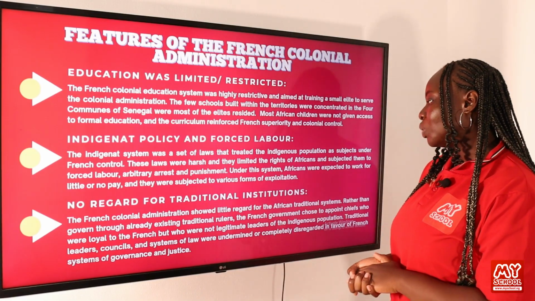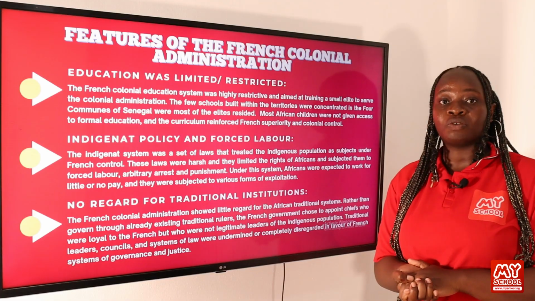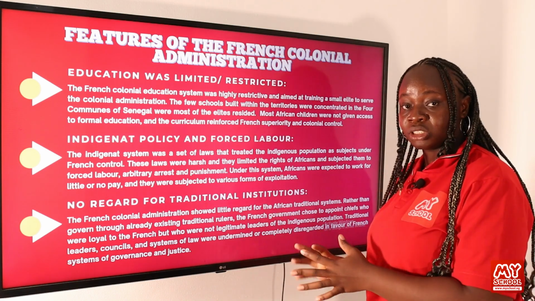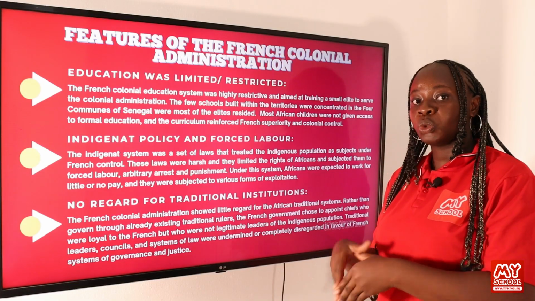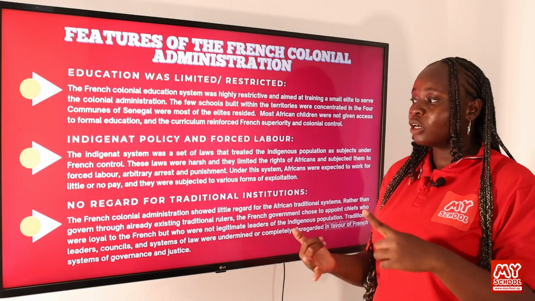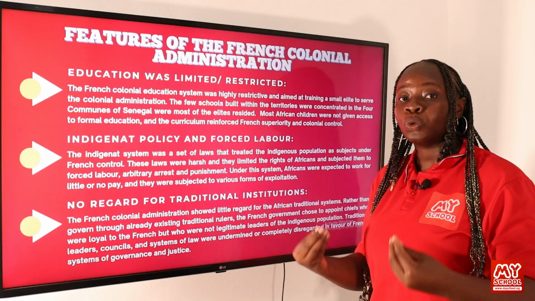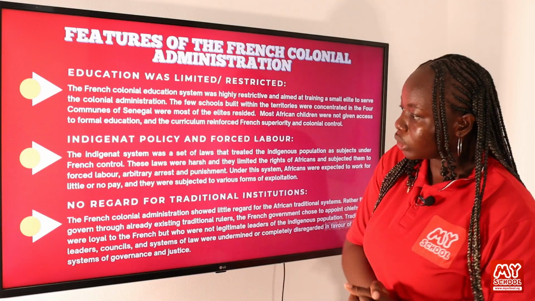Under this system, Africans were expected to work for little or no pay, and they were subjected to various forms of exploitation. This indigenous policy was restricted to the other territories of French West Africa aside from Senegal. So these French subjects were subjected to forced labor, to arbitrary arrest, and many other things. They were not treated like people with rights. So this was one of the features of French colonial administration.